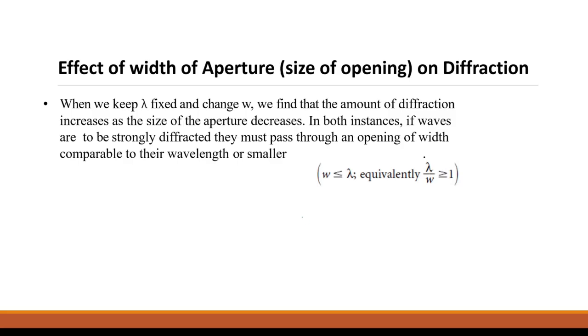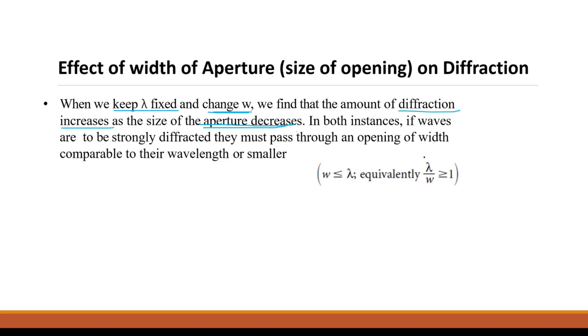That's not to say that the width of an aperture doesn't have an effect, because it does actually. So when we keep our wavelength fixed and change the size of the aperture, we find that the amount of diffraction increases as the size of the aperture decreases.